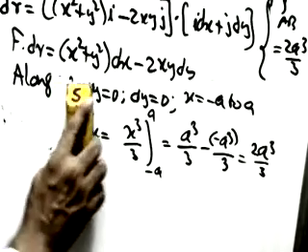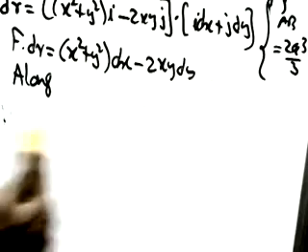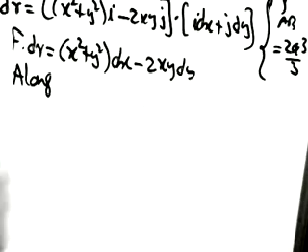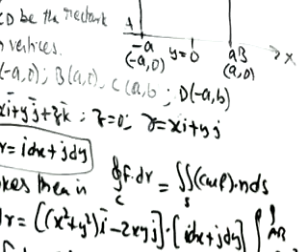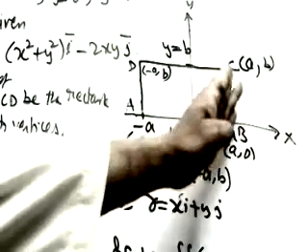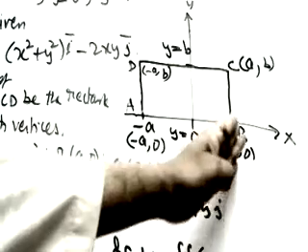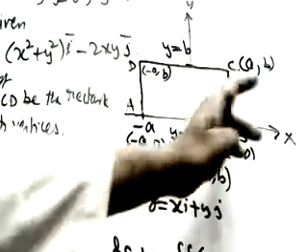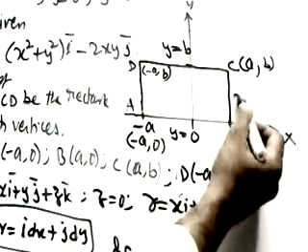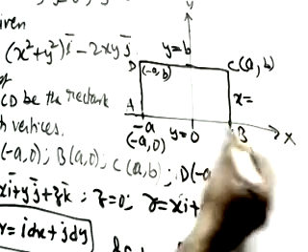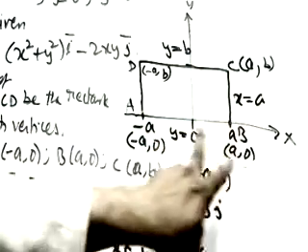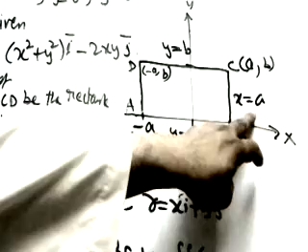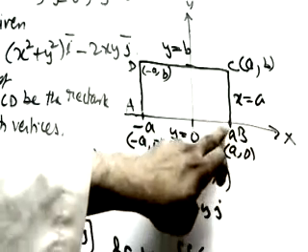Now after AB, we go for BC. Watch carefully. Let me look at the figure. This is BC, a line parallel to the y-axis, so its equation is x equals the distance, which is a.